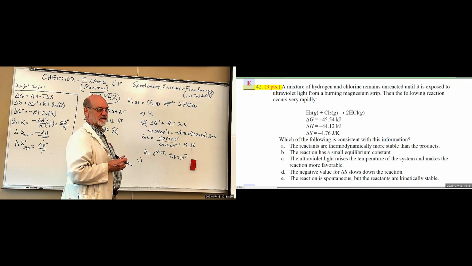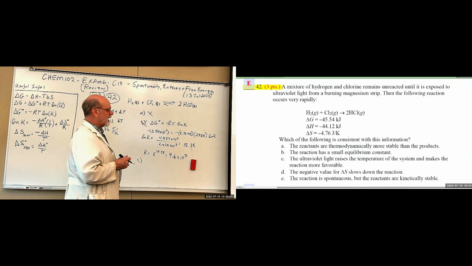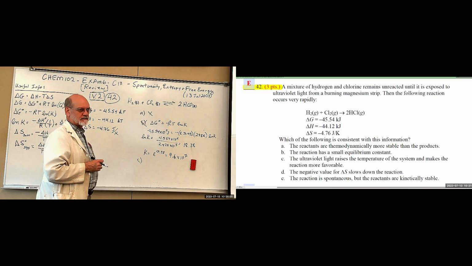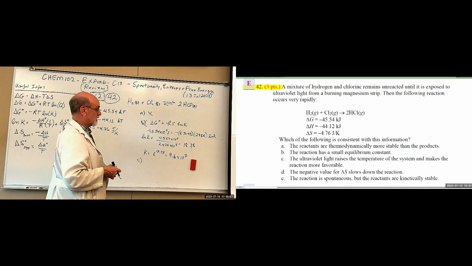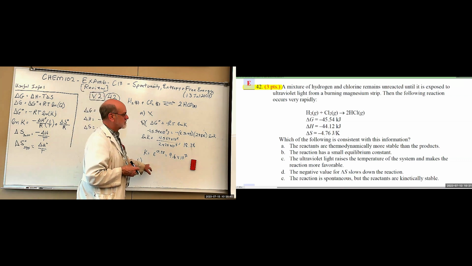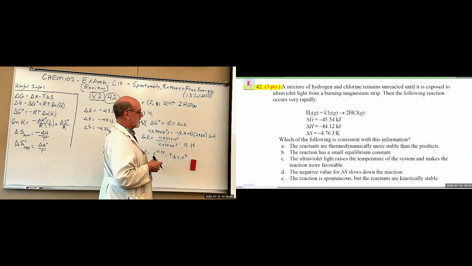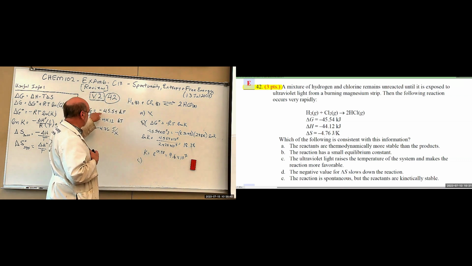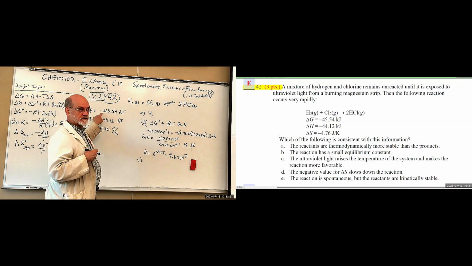It's all light. Now, you could argue that some of that light might be converted into heat, right? It activates things, but for the most part, that ultraviolet light doesn't raise the temperature of the system. Besides that, it doesn't make the reaction more favorable because this is its favorability regardless of what we do.